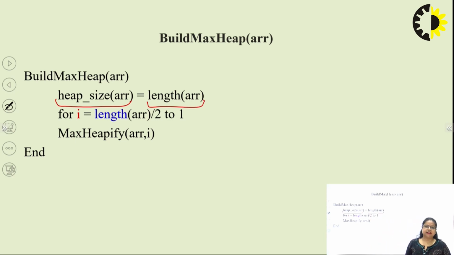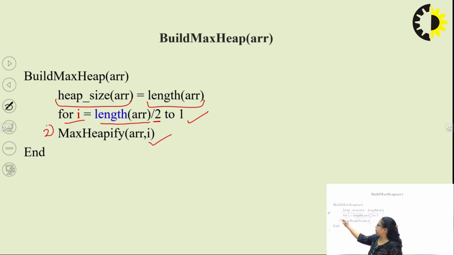Suppose it is given that it has 10 elements, so heap size will be 10. Into that case, you have to go from the length of the array divided by 2, means half of it, down to the first element, and there you call the second function, which is called max heapify, right? And max heapify is called on i, because the value of i depends upon this function. That is why we execute the function on array comma i.